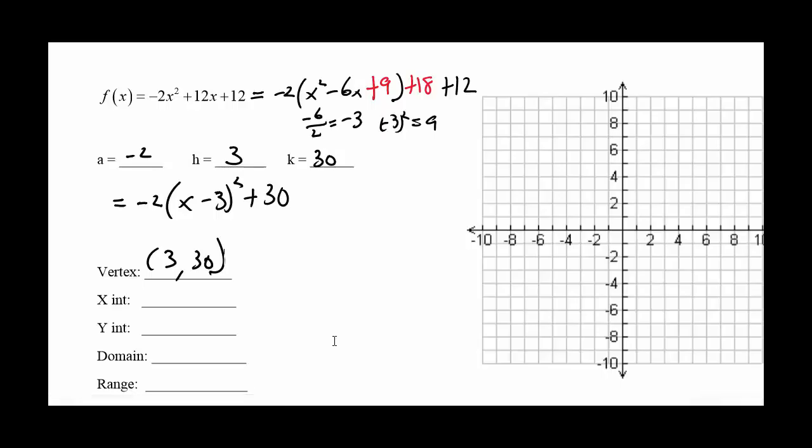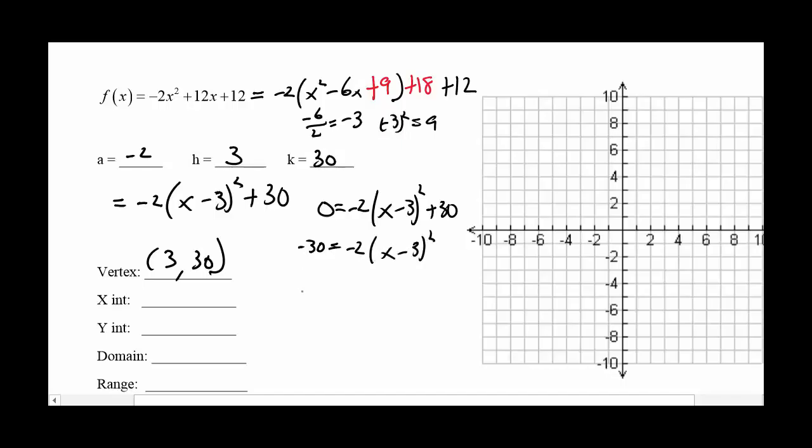X-intercept, okay. So I want to take my vertex form, set that equal to 0 and solve. So negative 2 times x minus 3 squared plus 30. If I bring the plus 30 over, it becomes negative 30. And then I want to divide by negative 2, which gives me positive 15, equals x minus 3 squared.